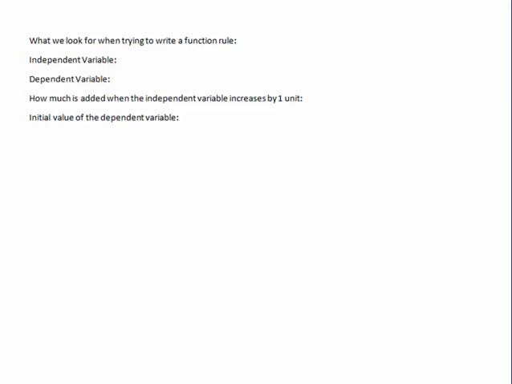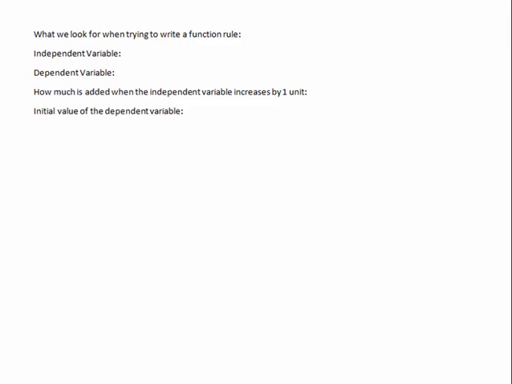And as far as making a linear rule, these are some of the key components that we need to look for. First of all, we need to establish what our independent variable is, and this is usually our x value, and most often this is going to be time.